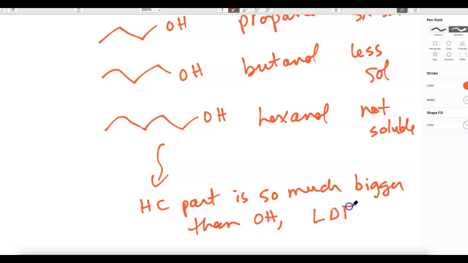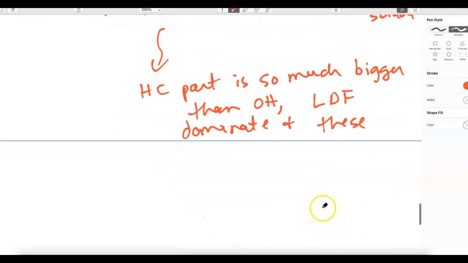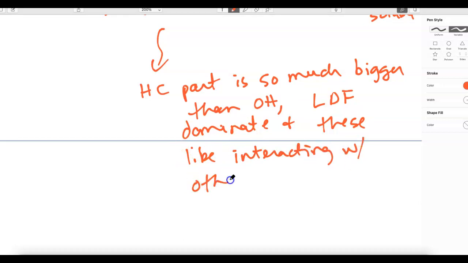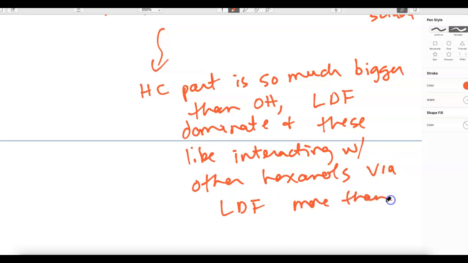The London dispersion forces dominate, and these molecules like being together, or you can think they like interacting with other hexanols via the LDF more than interacting with water.